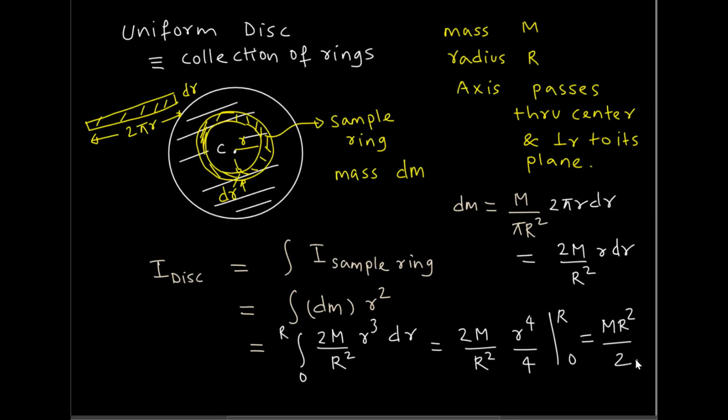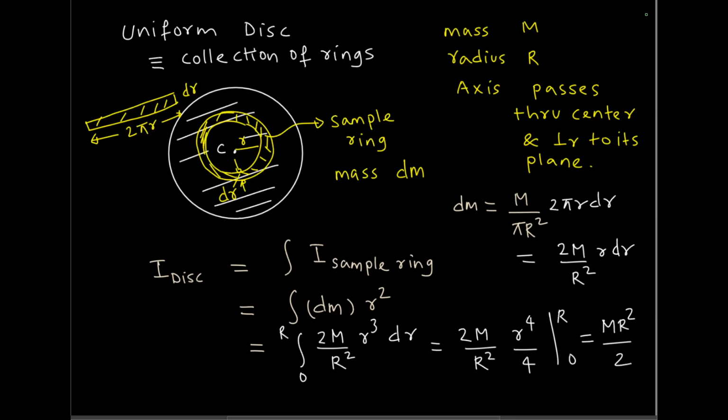Sometimes it is hard to figure out. I have asked this question several times. If I had asked the question before doing these calculations, sometimes students say it is difficult to rotate the disk, but in fact it is difficult to rotate the ring if they have the same mass and the same radius.